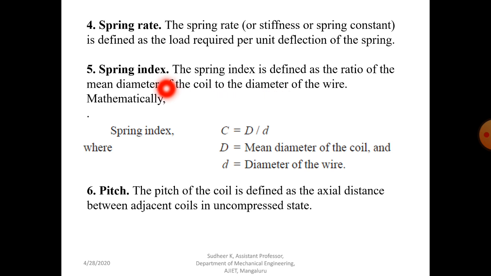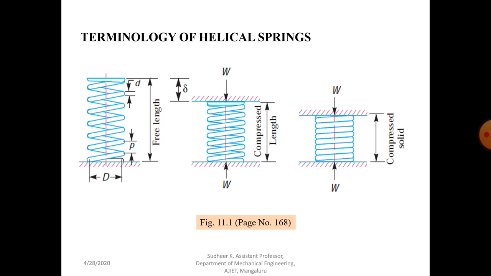Now coming to the fifth important terminology, that is spring index. The spring index is defined as the ratio of mean diameter of the coil to the diameter of the wire. You can see in the diagram, this is the mean diameter of the coil. If you see from the top view, you can see the helical spring as a circular shape.